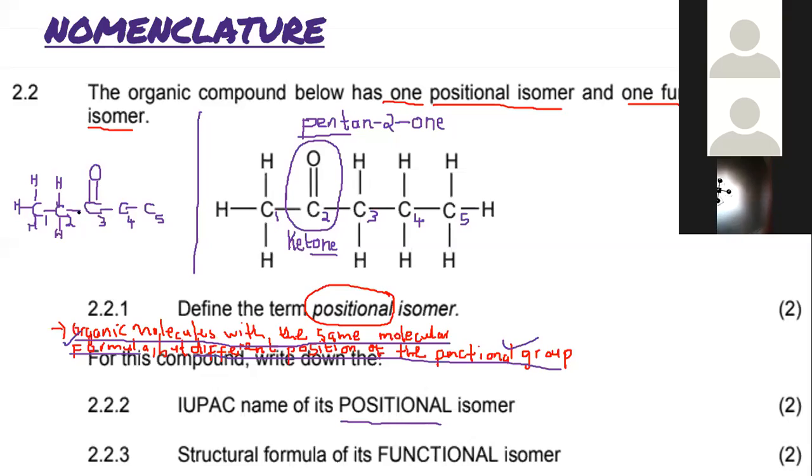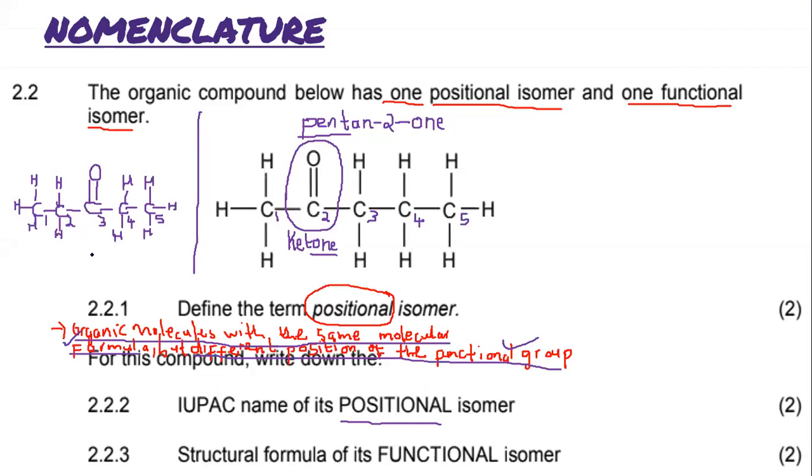It's 1, 2, 3, 4. So I put nothing. On this carbon, it's 1, 2 bonds. So this will be the 3rd one, and this will be the 4th one. Right? Then on carbon number 5, there is 1 bond. So I'll put another one, the 2nd one, the 3rd one, and the 4th one all together. Then this one is definitely a positional isomer.